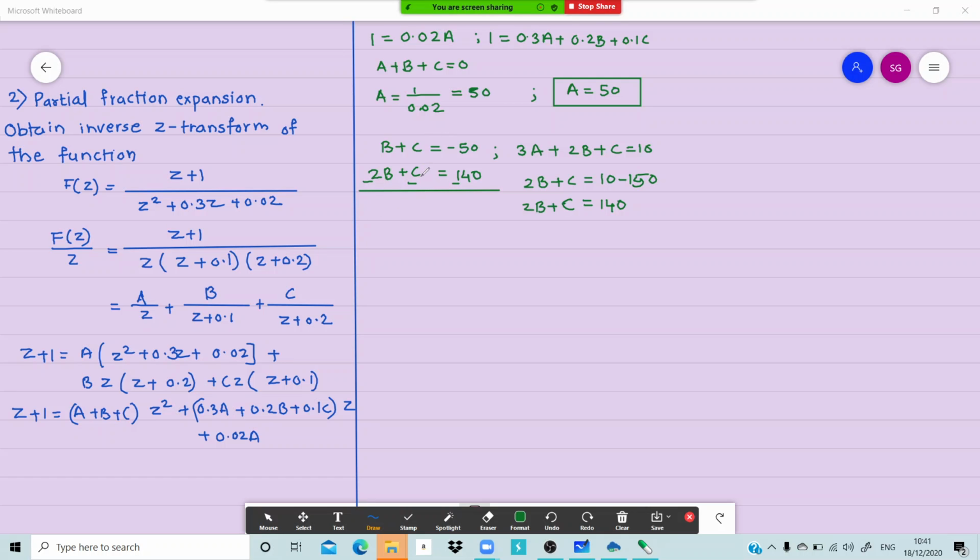So these two things will get cancelled, but I think I made a mistake. I should write 140. So this is minus, so this will become plus rather. Yeah, now it will be correct. Minus b is equal to 90. Is it correct? Still I made a mistake. Wait, I'll write it again.